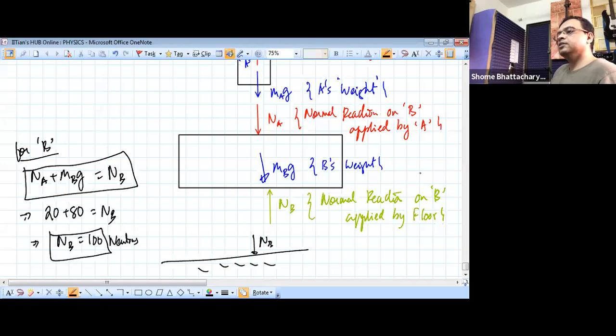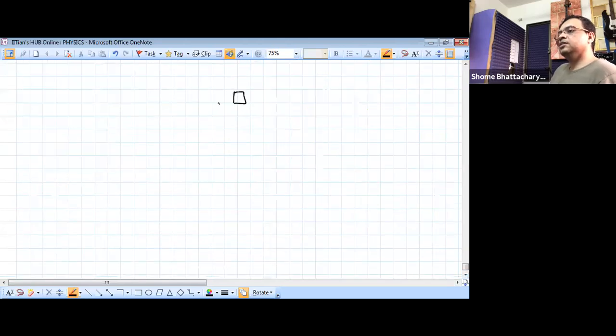Okay. So before you write this down, just want to illustrate this point again. So A is lying on B and B is lying on the floor. So क्या हो रहा है? B A पे एक upward normal reaction लगा रहा है and A B पे एक नीचे की तरफ normal reaction लगा रहा है.